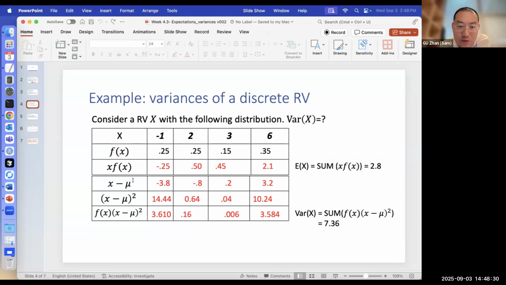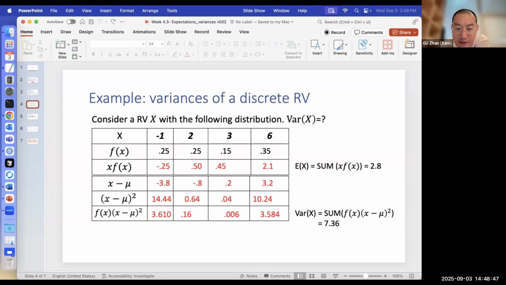So x minus mu is -1 minus 2.8, and you get -3.8. Then 2 minus mu, 3 minus mu, 6 minus mu. For each, you square, so you get (x minus mu) squared, these 4 numbers.